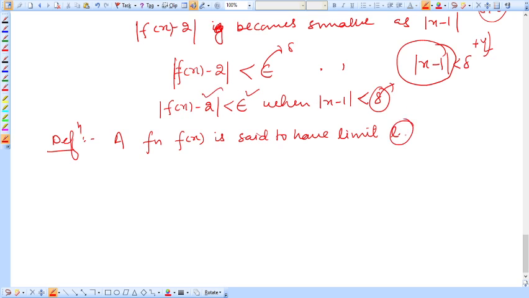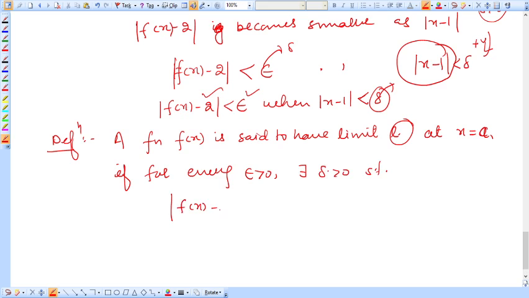A function f of x is said to have limit L at x equal to c if for every epsilon greater than 0 there exists a delta greater than 0 such that the absolute value of f of x minus L is less than epsilon when the absolute value of x minus a is less than delta.